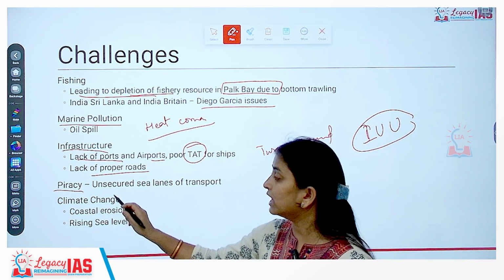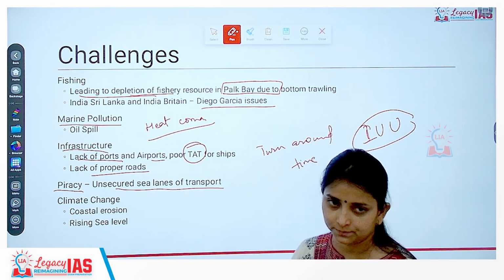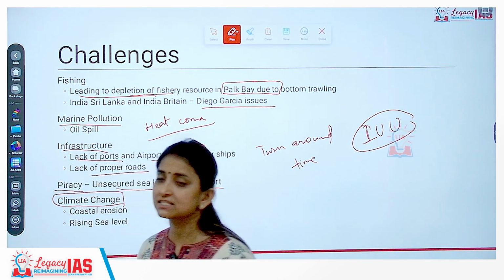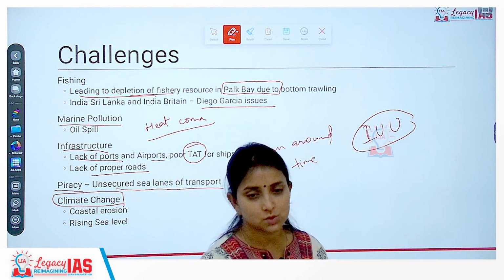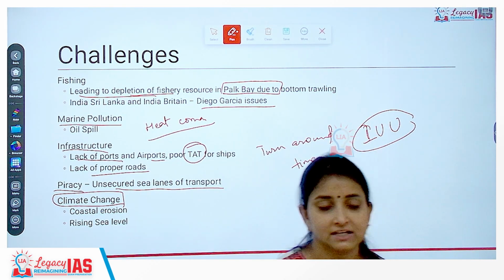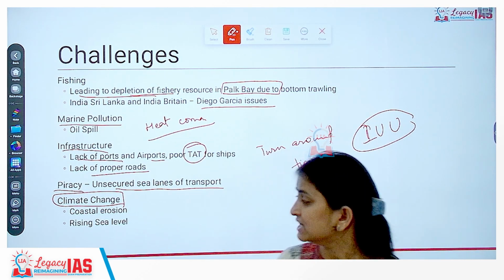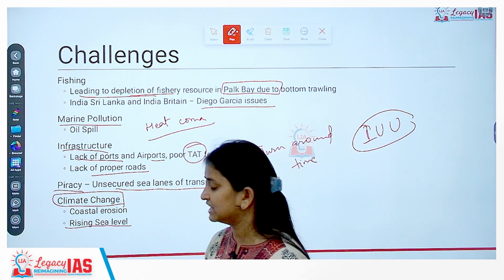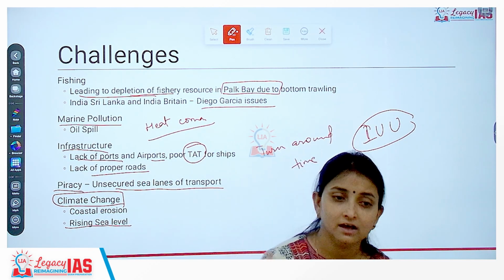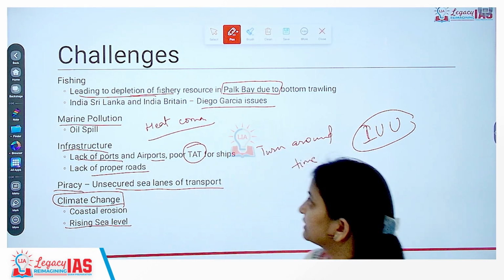That has led to unsecured sea lanes of transport. And we definitely have a climate change related challenge, such as coastal erosion that is taking place, affecting tourism, affecting livelihood, affecting the people who are living there. Plus, the rising sea level has led to lesser land area in our coastal communities. Okay?